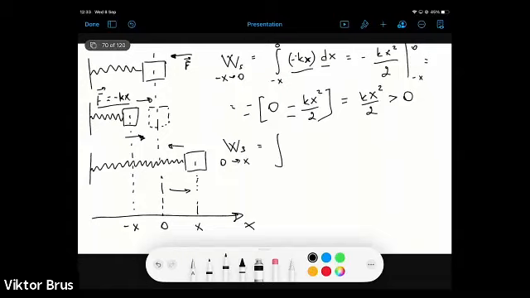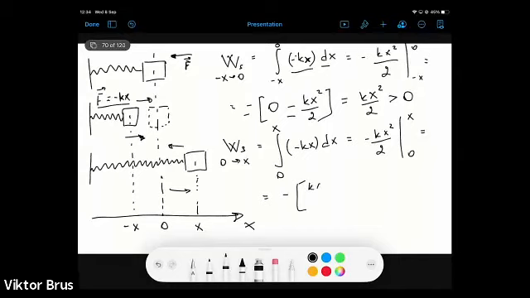Here will also be the integral of minus kx dx, with initial point 0 and final point x. So this will be minus kx squared divided by 2 from 0 to x, and will be minus kx squared divided by 2 minus 0.